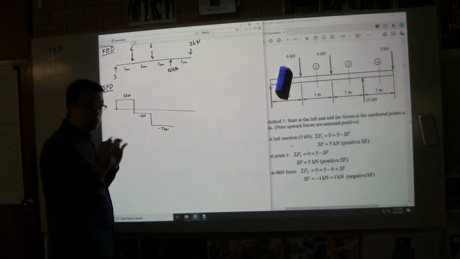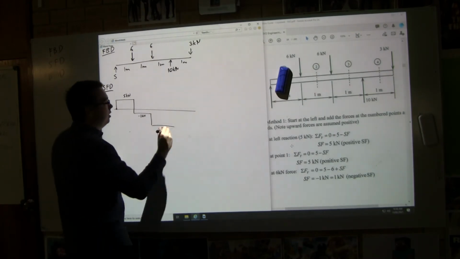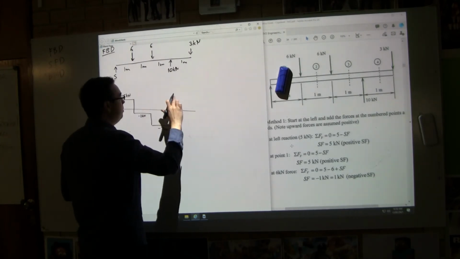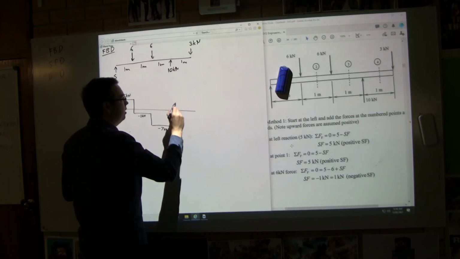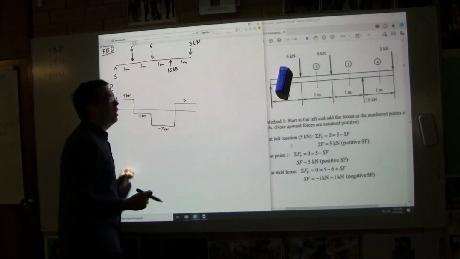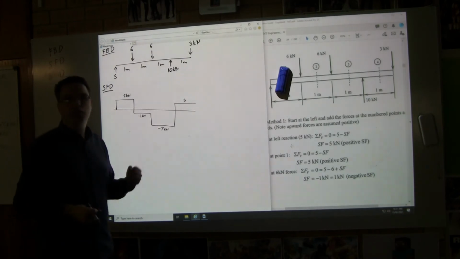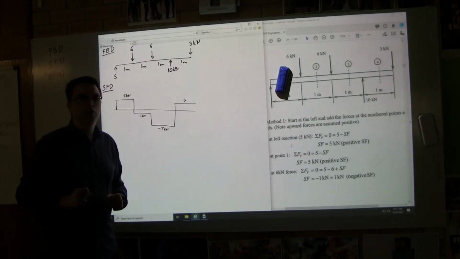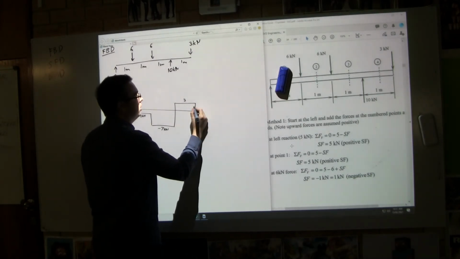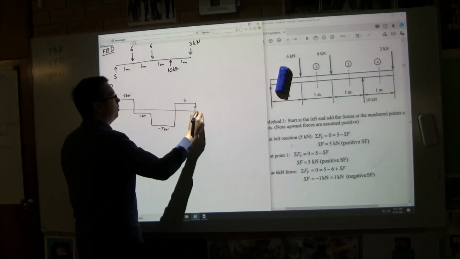But don't worry. Then the hero came along, and we added 10. Minus 7 plus 10 is 3. Then things were going pretty well. The shear force diagram was thinking life is good, but then something a little bit sad happened, and she was back to where she started, at 0.